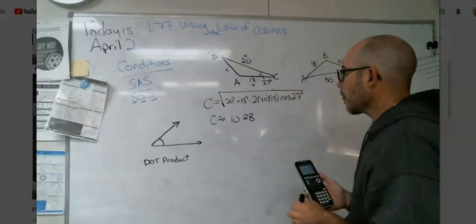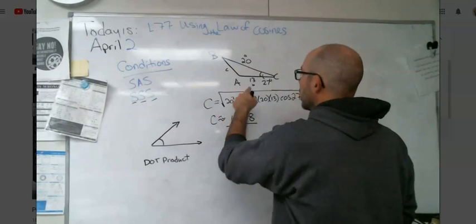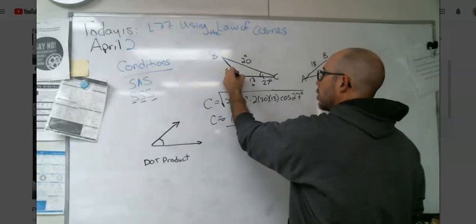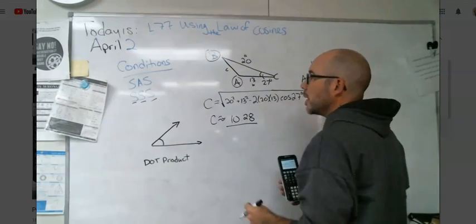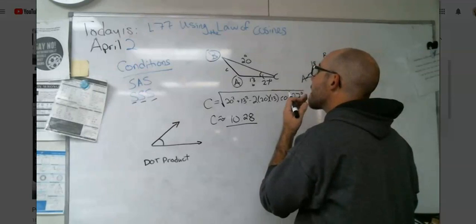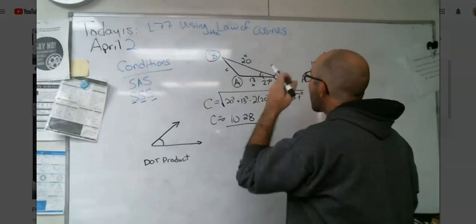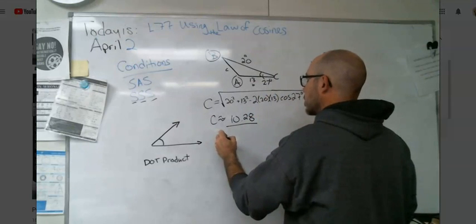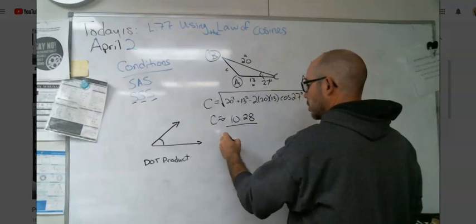Good for me. Now that I've got that, I can go and look at what I actually do have, and I can either go after angle A or angle B. I'm going to go after A. Okay, so now I'm going to use the law of sines.